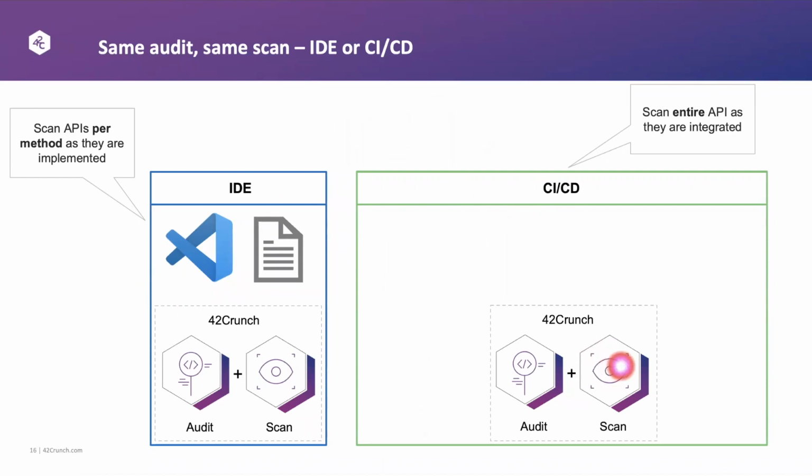But you can use those exact same products, the audit and the scan, much further down the pipeline. You can put these in your CI/CD process, Jenkins, Azure DevOps, GitHub Actions, whatever you want, and then you can scan the entire API. You scan every single method, every single operation in there.